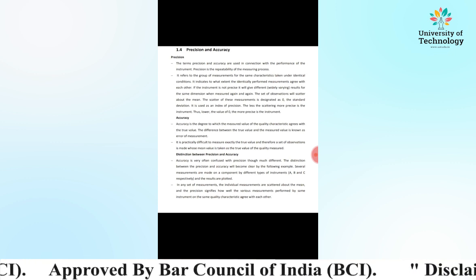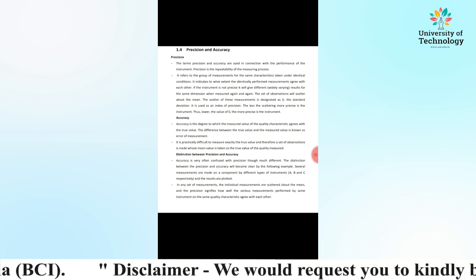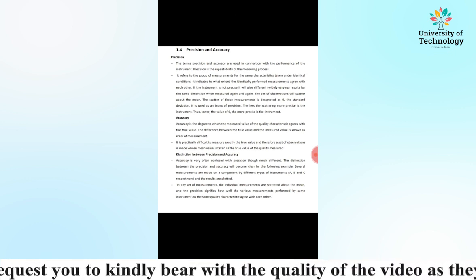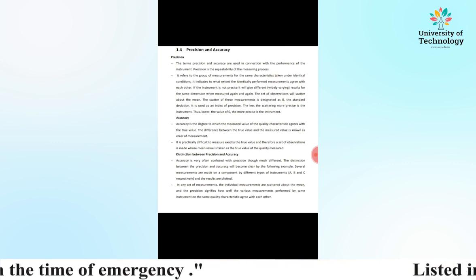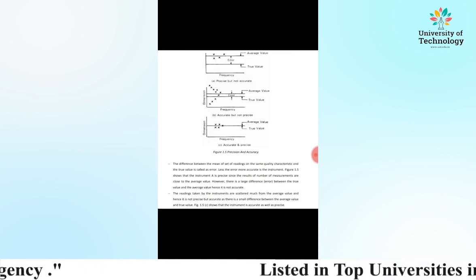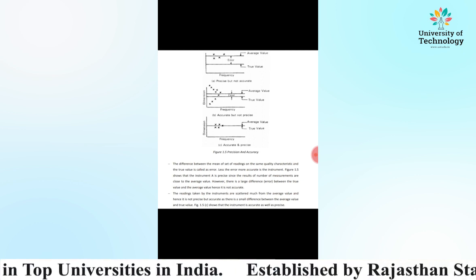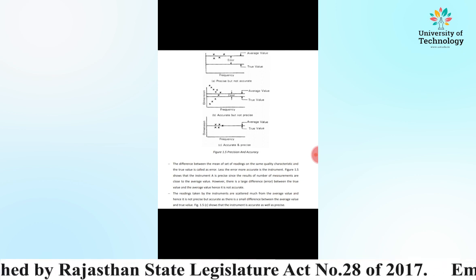In any set of measurements, the individual measurements are scattered about the mean, and the precision signifies how well the various measurements performed by the same instrument on the same quality characteristic agree with each other. Precision and accuracy we can clearly see in the diagram.